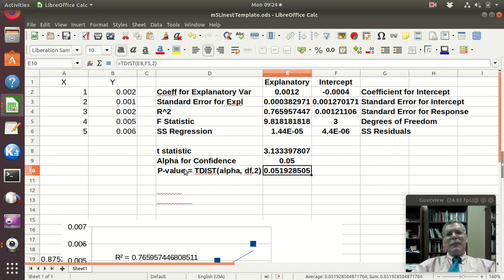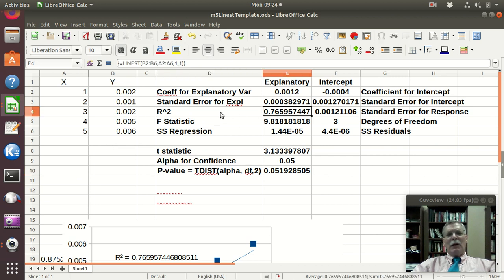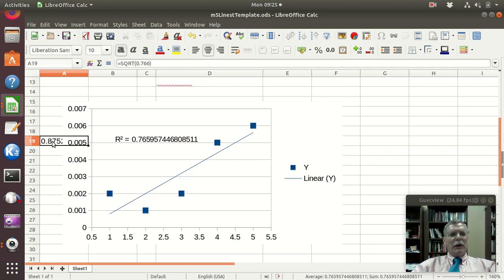So our p-value in our test of hypothesis, where our null hypothesis is that the slope is 0 and our alternate is that the slope is not 0, is indeed different than our correlation here, where in this case our r squared, nearly 77%, made an even nicer correlation coefficient of 0.875.